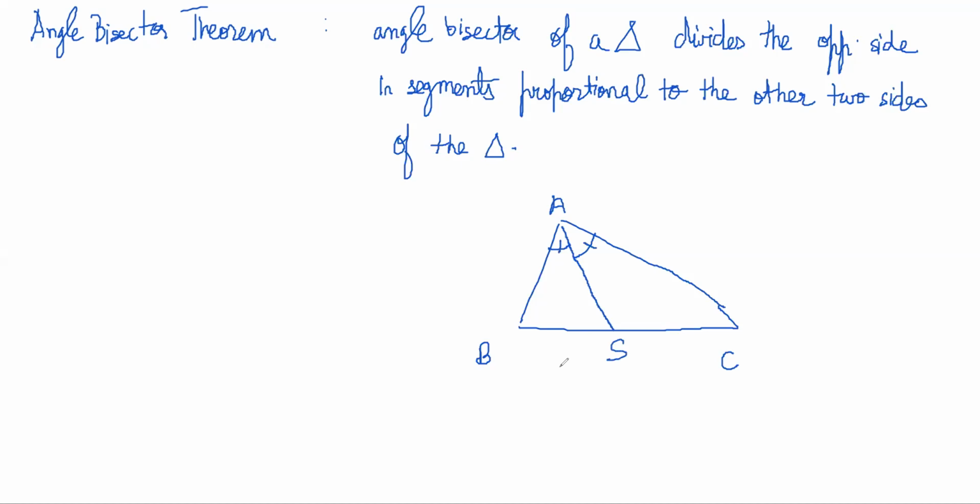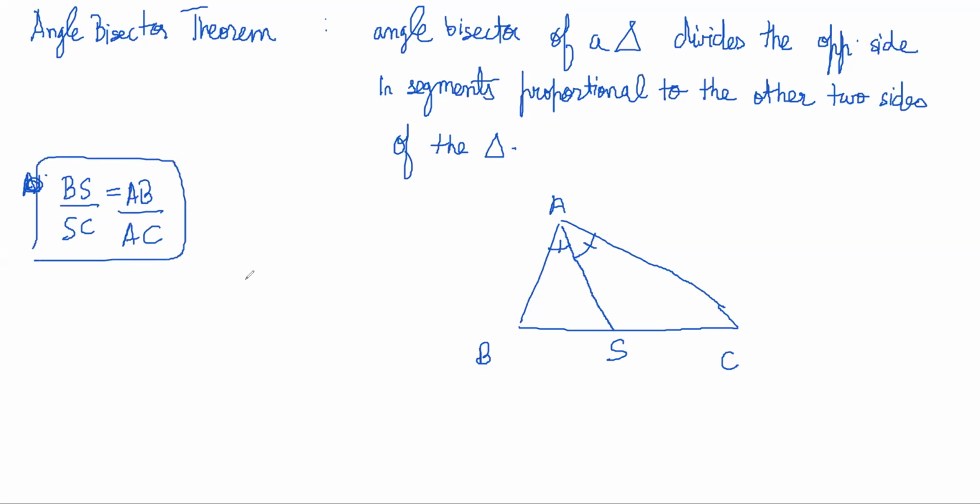You have to prove that BS by SC is equal to AB by AC. So we can extend AS to twice its length, we could do it like that. Just try it once. I will draw a separate nicer figure.